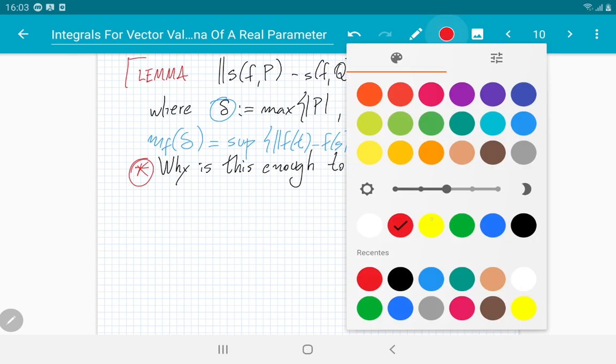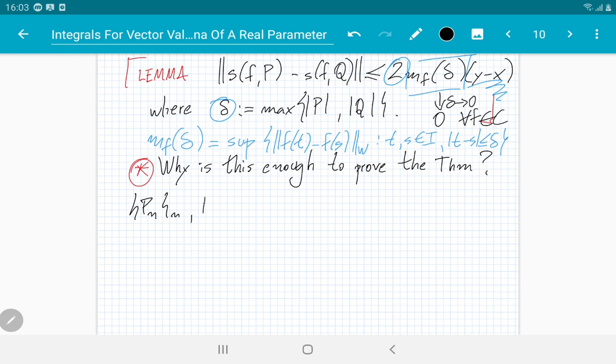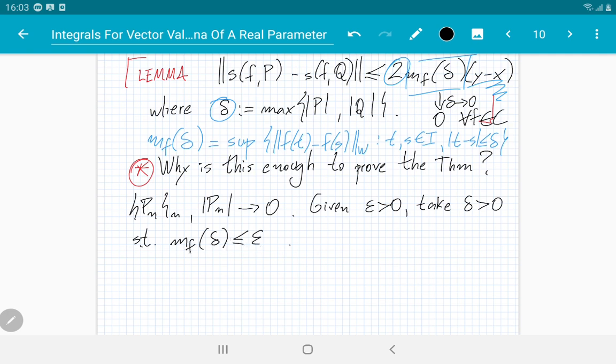First, let's show that if I take a sequence of marked partitions with size going to 0, then given epsilon greater than 0, let me take delta greater than 0 such that M_f(delta) is less than or equal to epsilon divided by 2(y minus x), we'll see why, and take now an n naught such that for all n greater than n naught, the size of P_n is less than delta.